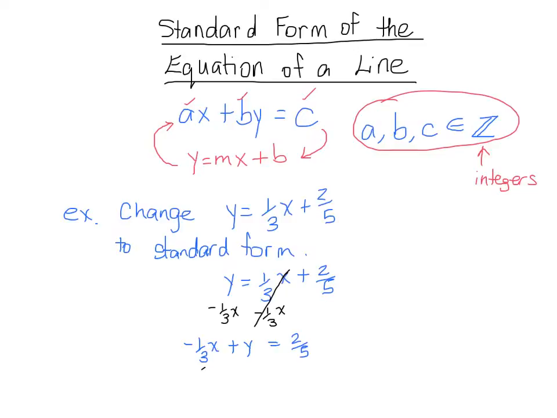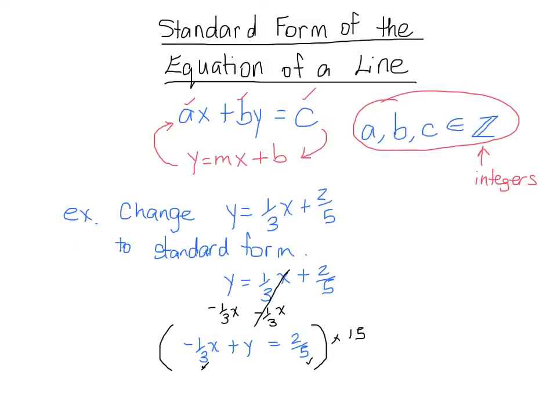We have a denominator of 3 and a denominator of 5, and we look for a common multiple. The easiest common multiple to see, which is also the lowest common multiple in this case, is 15. So we multiply everything by 15.